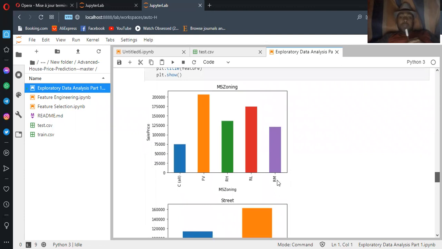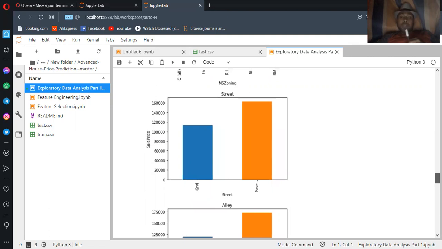For this one we have five: C, all, B, Air Arch, Air L, Air N. The most frequent one is the largest in this feature. The same goes for street: we have Wave and GF, and Wave is the most frequent. Okay.